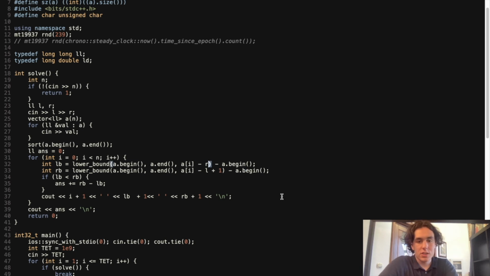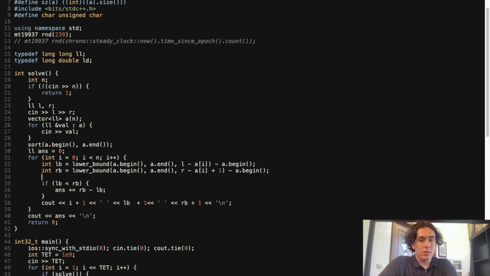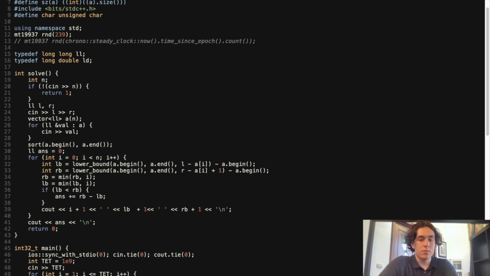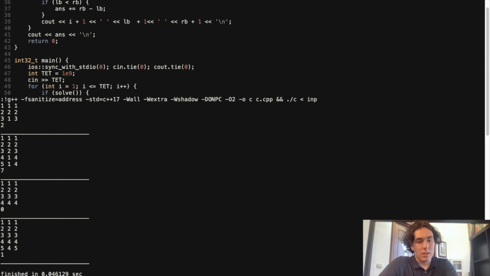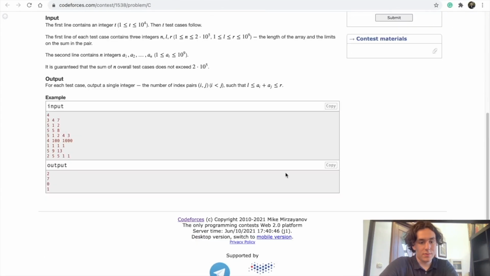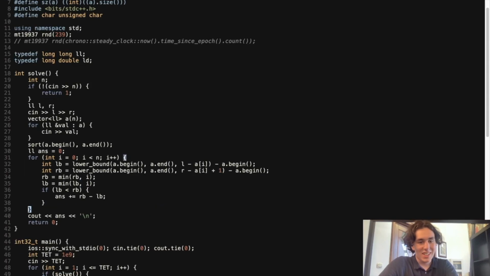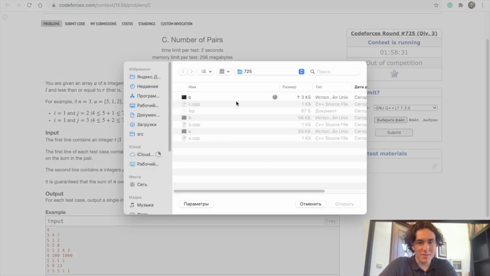Yeah, I should take R minus this, L minus this, plus 1. RB is minimum of RB and I. 2701. Oh god. That was brutal.